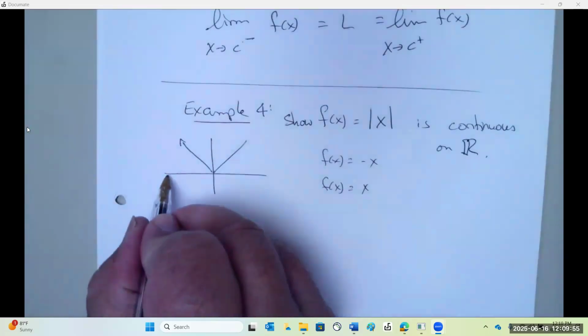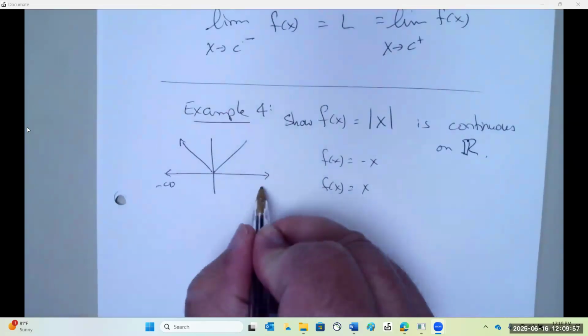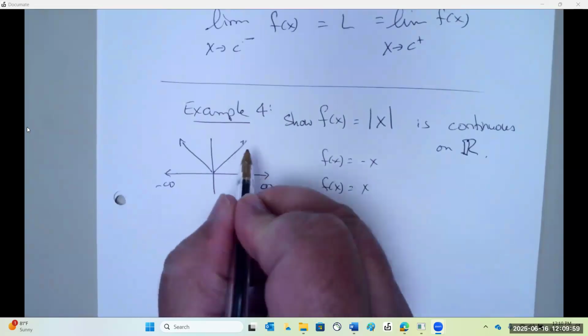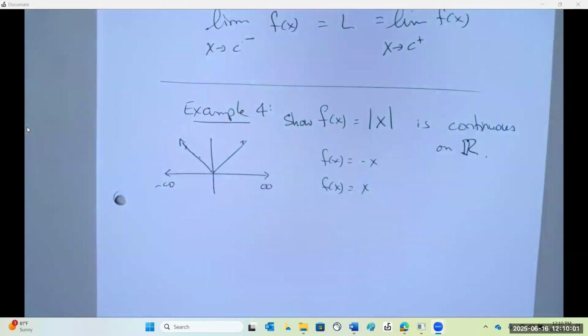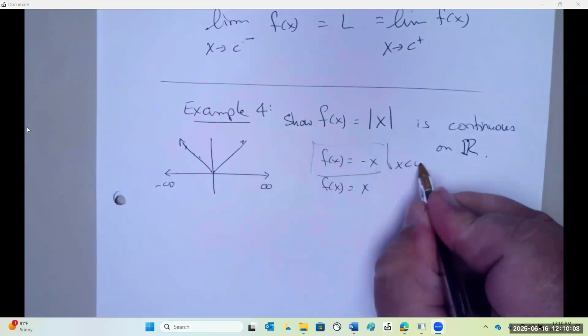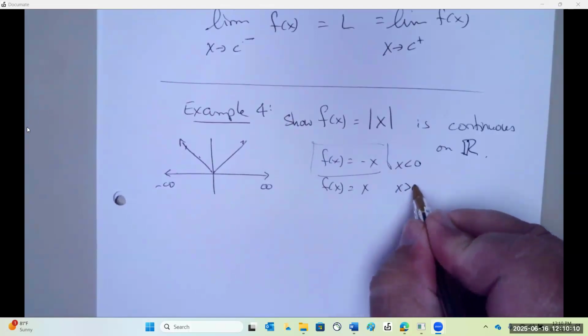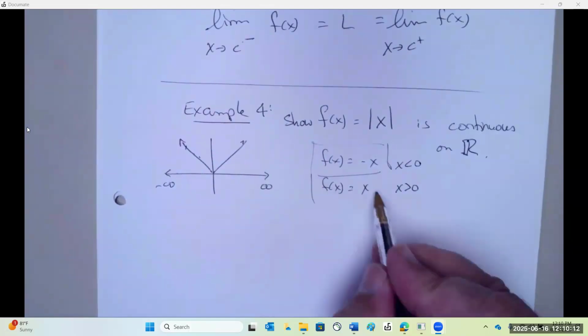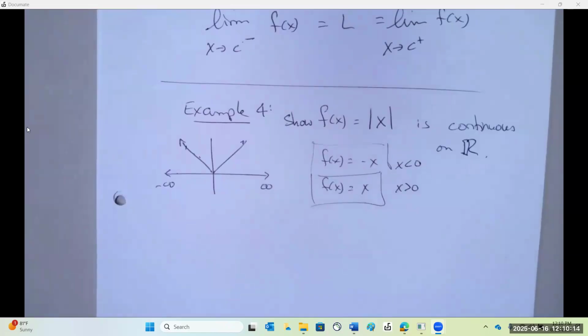So at all of the interior points, we know that they exist because they're linear equations on both sides. This is for x less than 0, and this is for x greater than 0. So for the interior points in the domain, we don't have to worry too much about it.